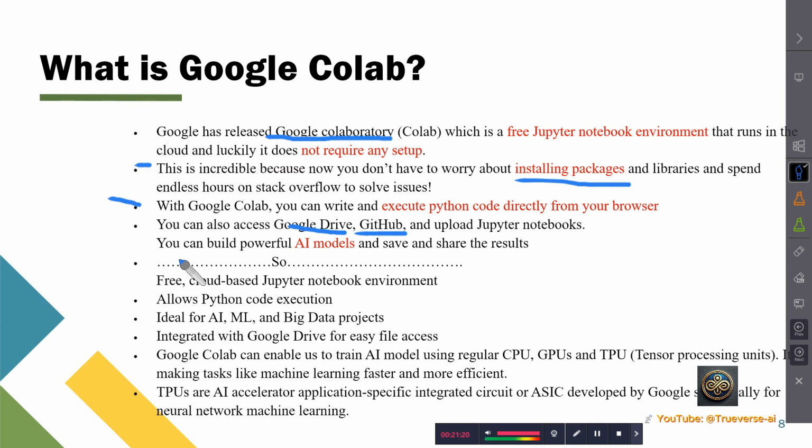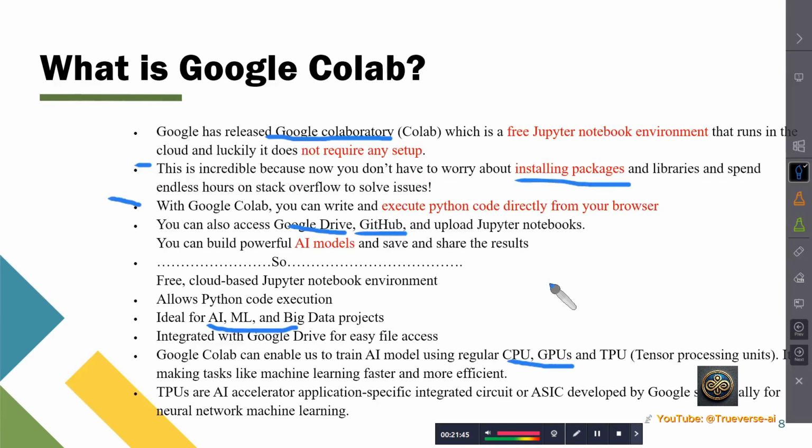First, it allows us to execute Python code and run complex machine learning models directly in your browser. It's also ideal for AI and machine learning data projects because it provides access to powerful GPU, CPU and TPU.